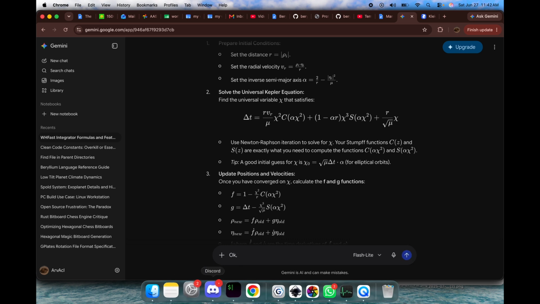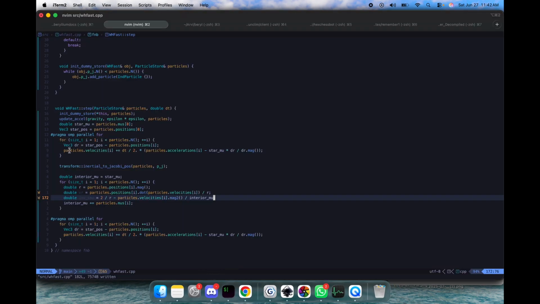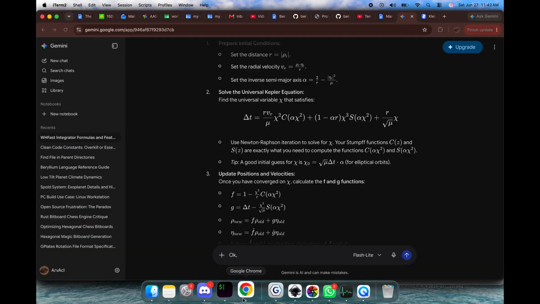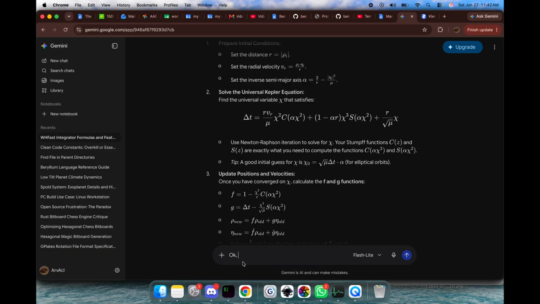Okay, so now I have the basic variables. I have the stump functions. How do I use them to calculate Newton-Raphson?